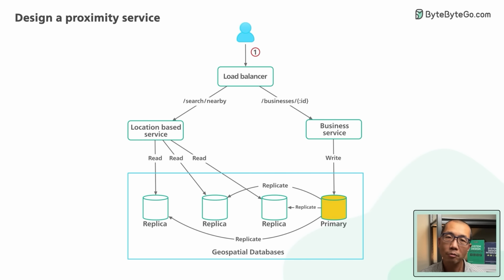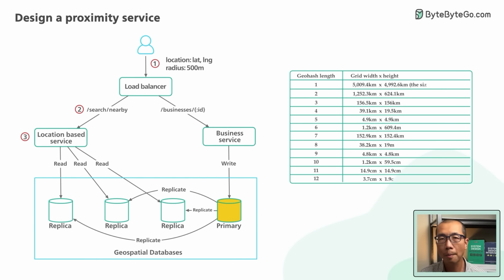Bob tries to find restaurants within 500 meters. The client sends the location and search radius to the load balancer. The load balancer forwards the request to the location-based service. Based on the location and the search radius, the service finds the geohash precision that matches the search request. 500 meters mapped to geohash length of 6.